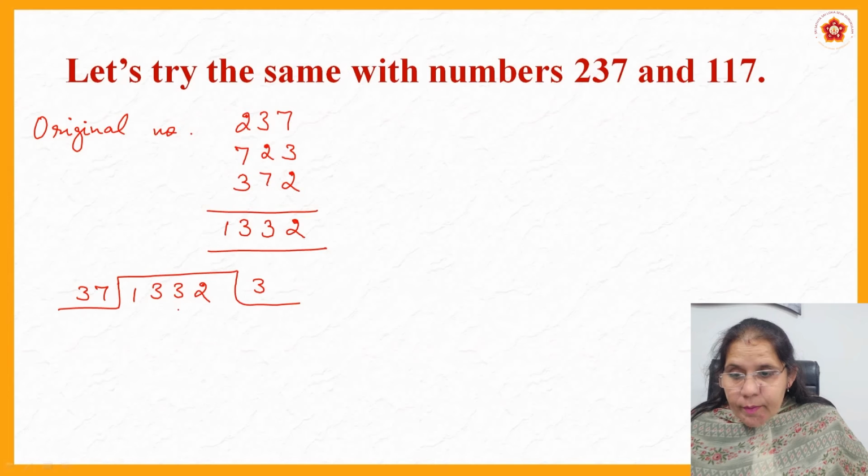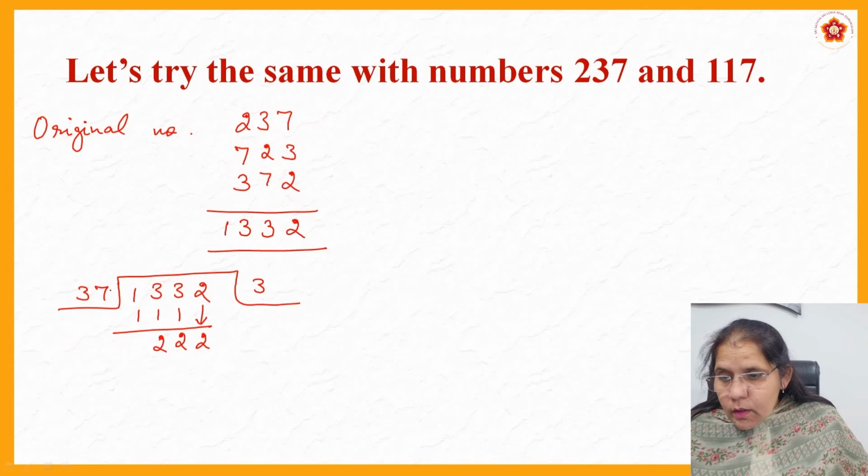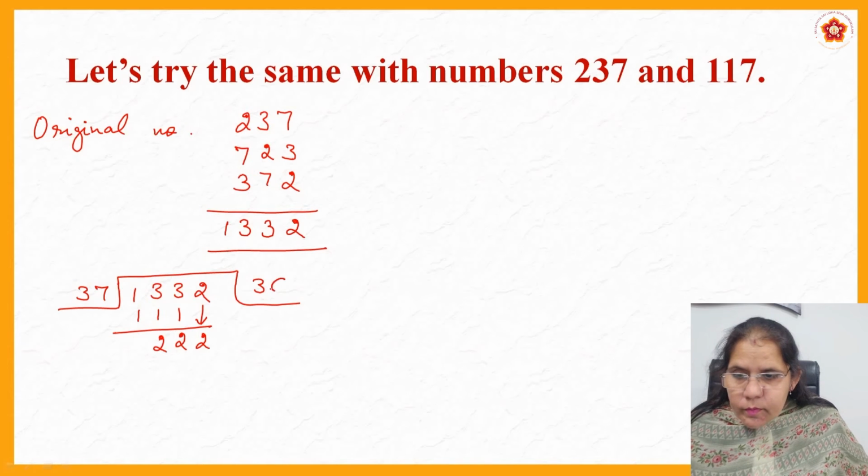Let's do it with 3. 3 sevens are 21. 2 carry. 3 threes are 9. 9 plus 2 is 11. Subtract them and 2 comes down here. Let's see by which number it will go.